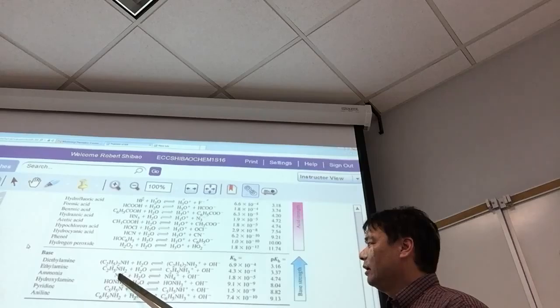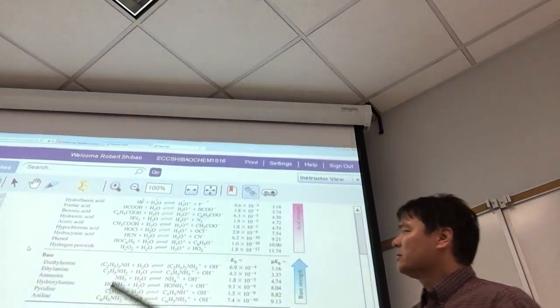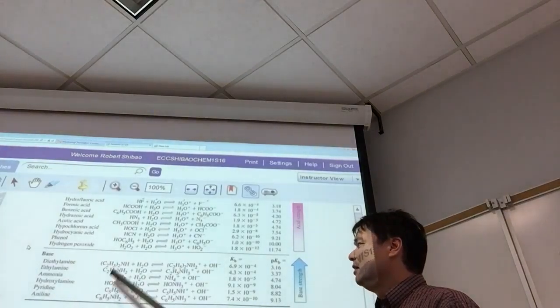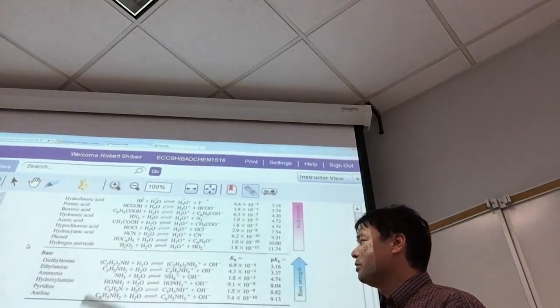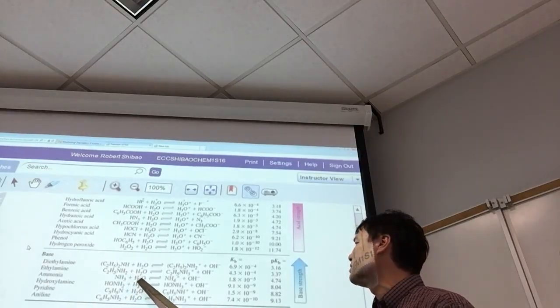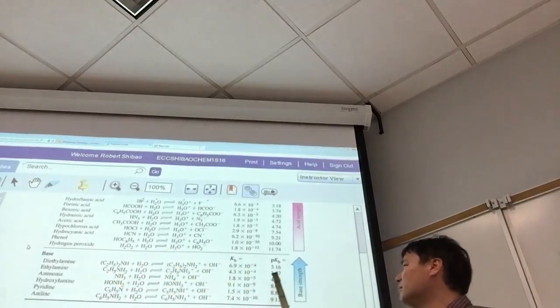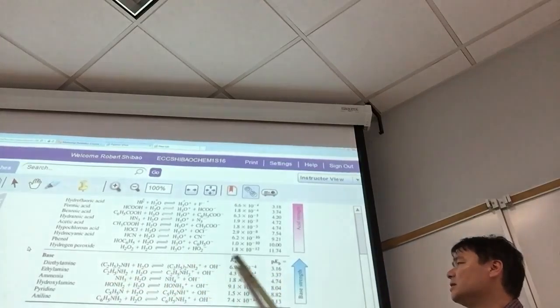Typical hydrocarbons are electron rich. Something like C2H5 is electron rich. We call it an electron pushing group. So this is going to push electron density out onto the nitrogen, making it more basic. One ethyl group here makes it more basic. Two ethyl groups make it even more basic.